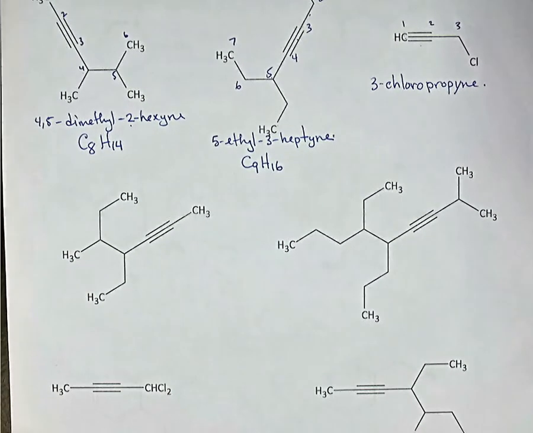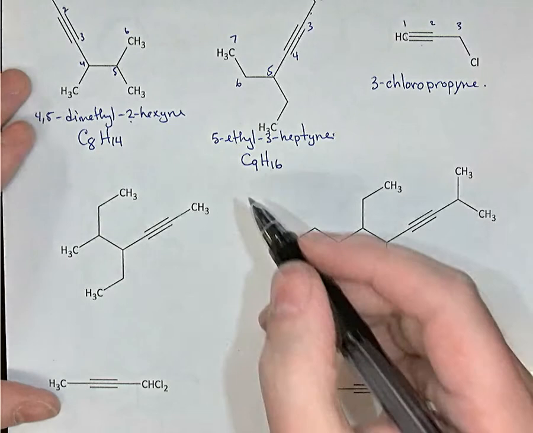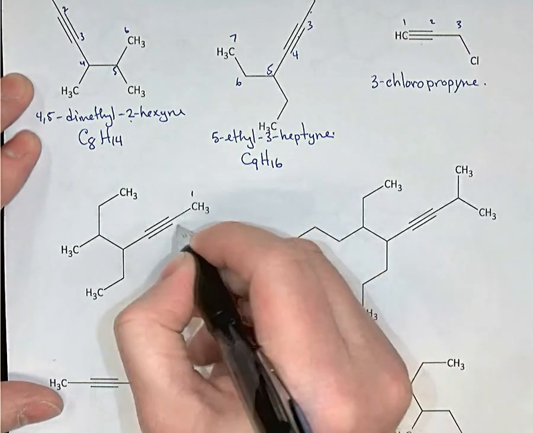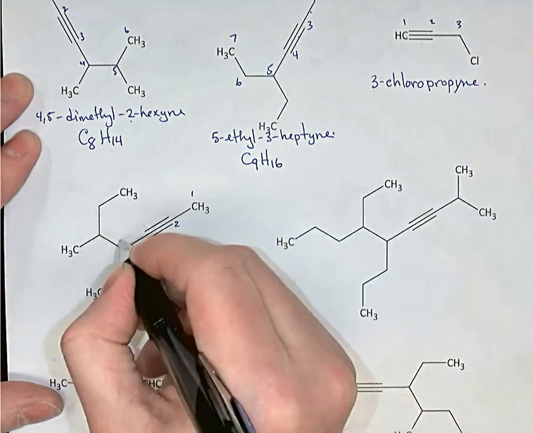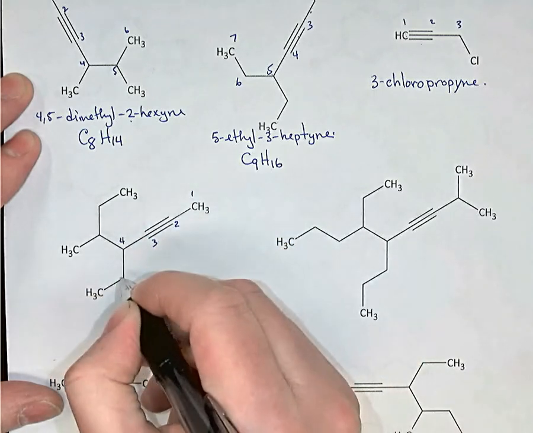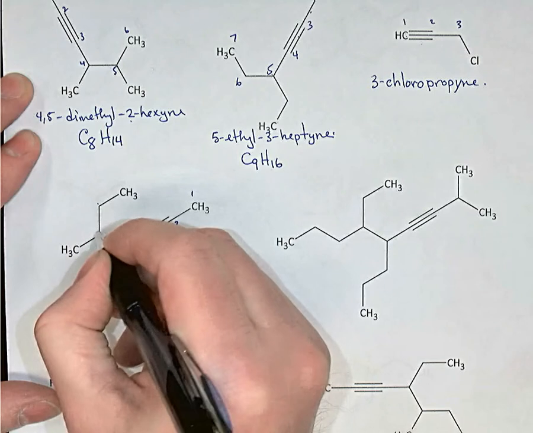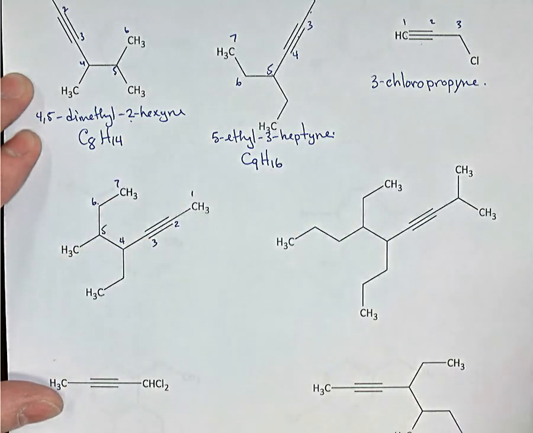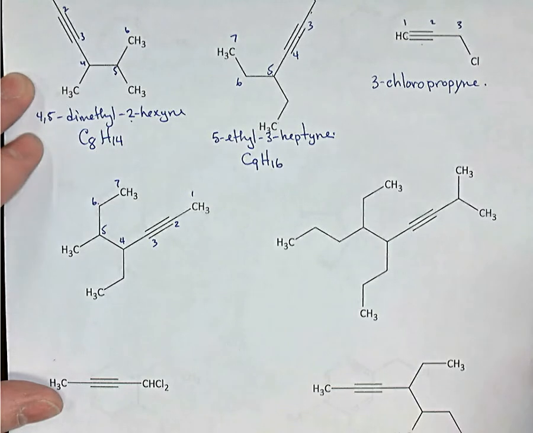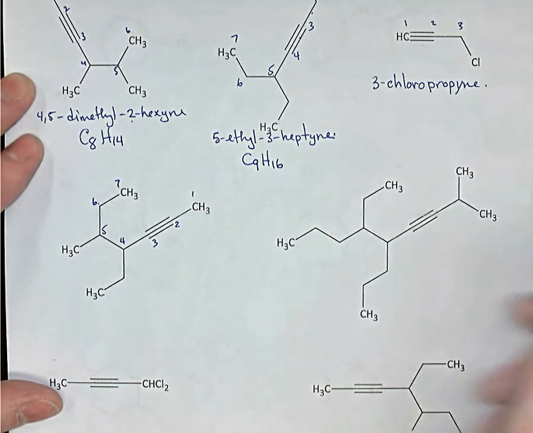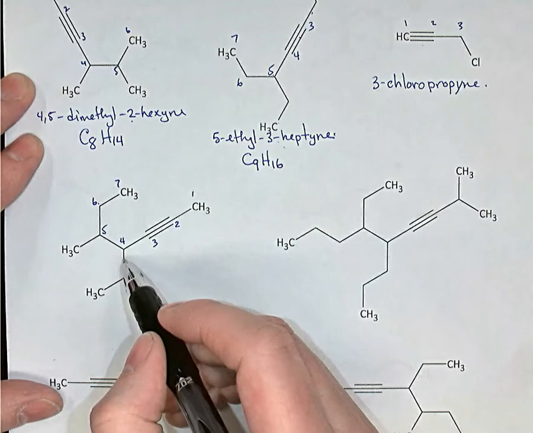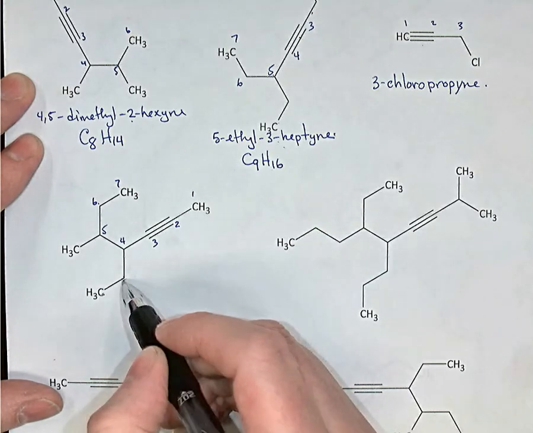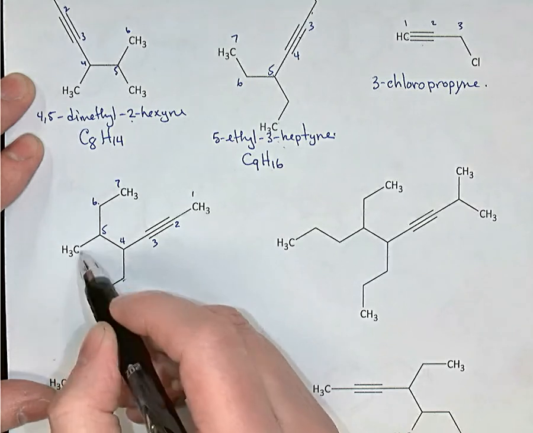This next example, starting numbering closer to the triple bond, 1, 2, 3, 4, 5, 6, 7, we'll go this way. We want the longest continuous chain. So this is again a heptyne example, just like this one. And on carbon number 4, there's an ethyl branch with 2 carbons. On carbon number 5, there's a methyl branch.